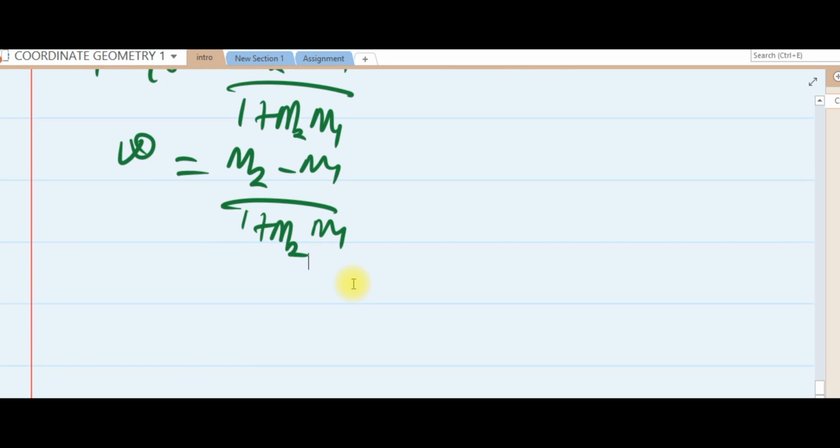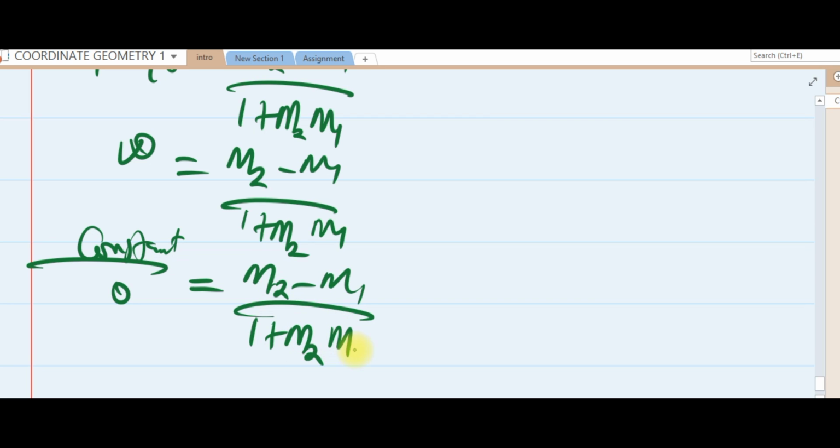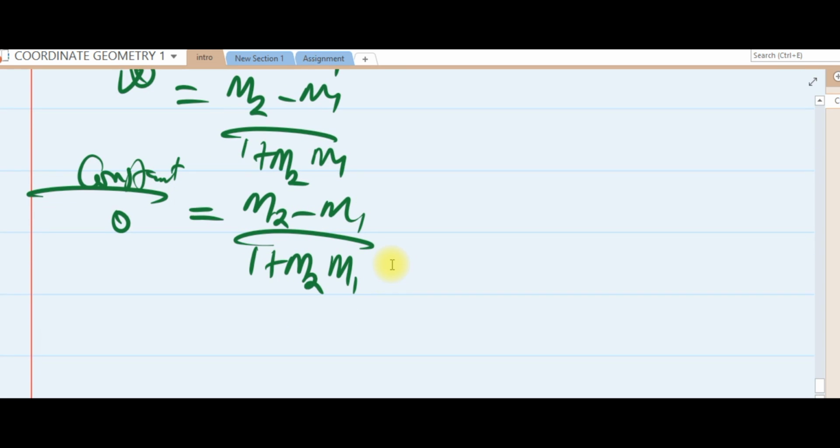And you know something, for something to be infinity, it is any constant over 0. That's the meaning. Infinity means a constant over 0, but the constant will not be 0, any other value except 0. So which implies that the denominator must be 0, so 0 must be equal to 1 plus m2 m1.